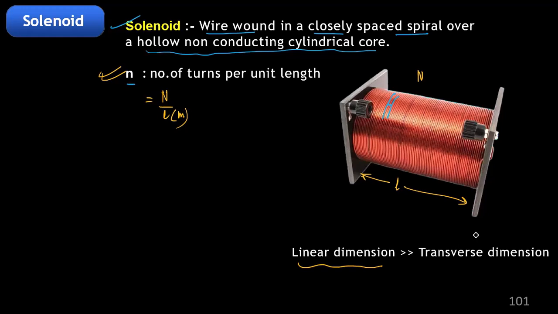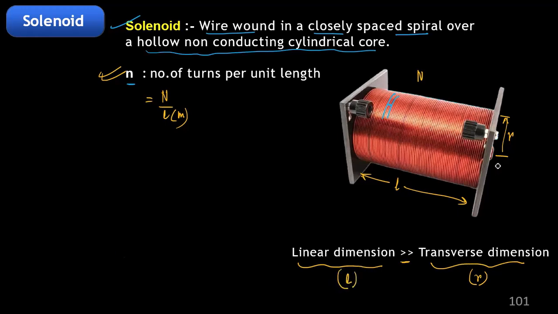So the linear dimension must be much greater than the transverse dimension. What is the transverse dimension? The transverse dimension is nothing but the measurement of the radius of the solenoid. So the transverse dimension is the radius of the solenoid and the linear dimension is the length of the solenoid.